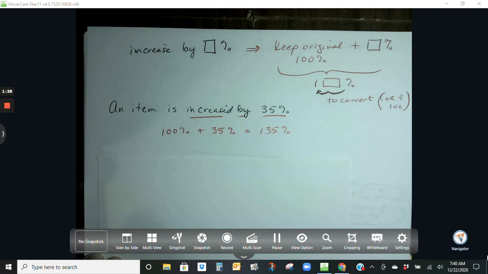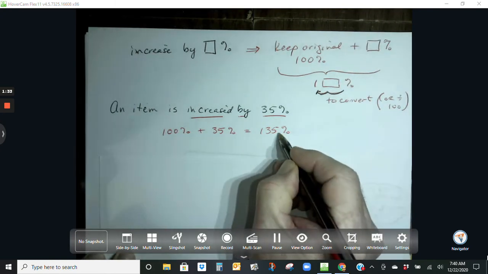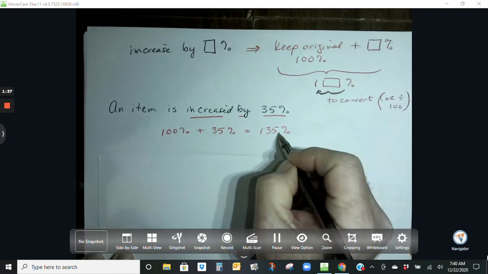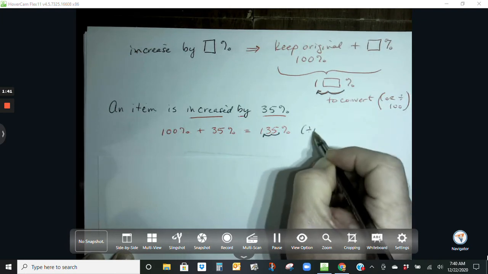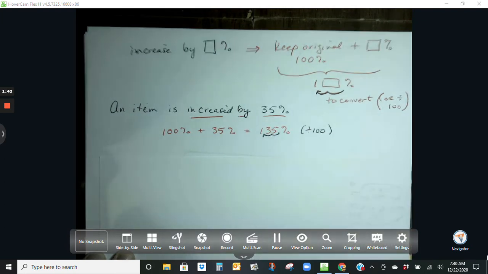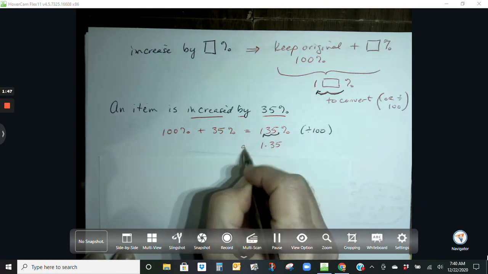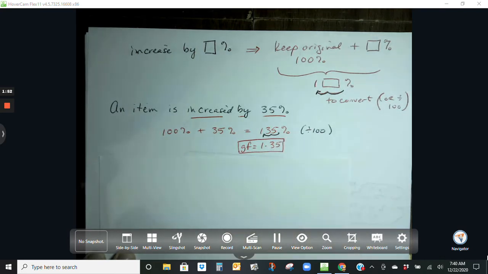We always do them with decimals. And so the decimal is here in 135, and so I move the decimal 2 places to the left, or you could say divide by 100. And the growth factor becomes 1.35. That's what I will multiply by to get the new amount.